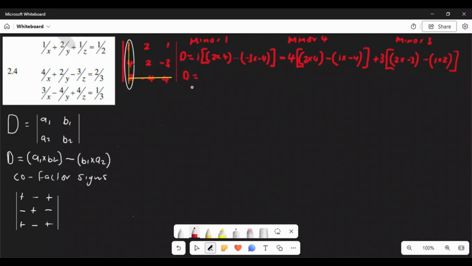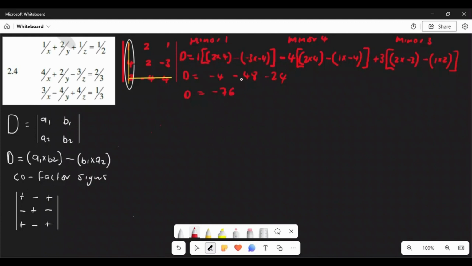The best way is to get the answer for the minor when it's 1, which is going to give us negative 4, and then when the minor is 4, it's going to give us negative 48. The minor 3 is going to give us negative 24, and when you add them together, they give us negative 76. So this, guys, is our determinant.